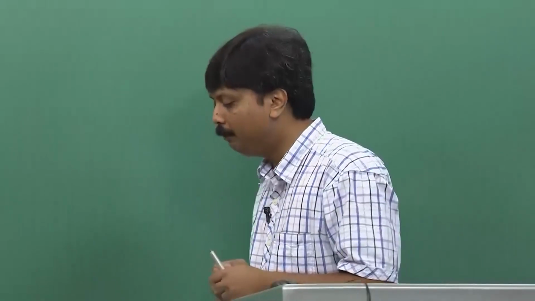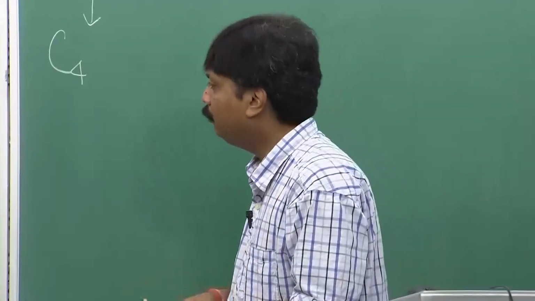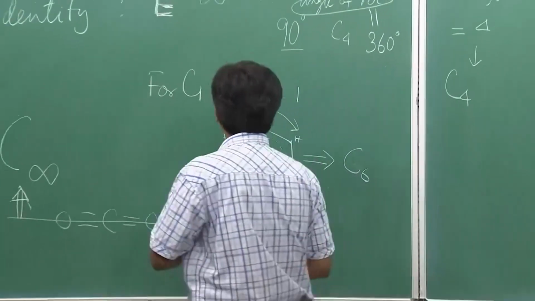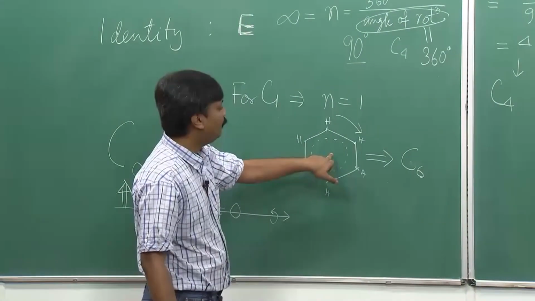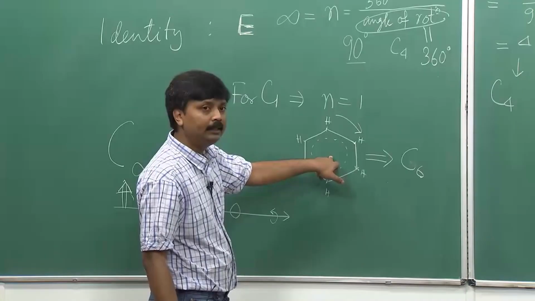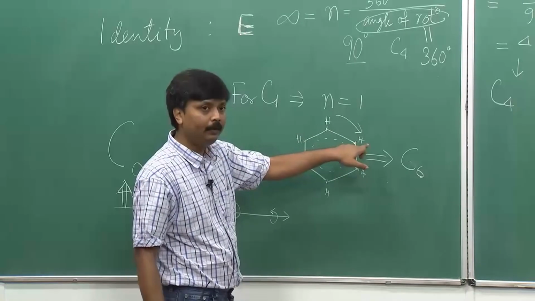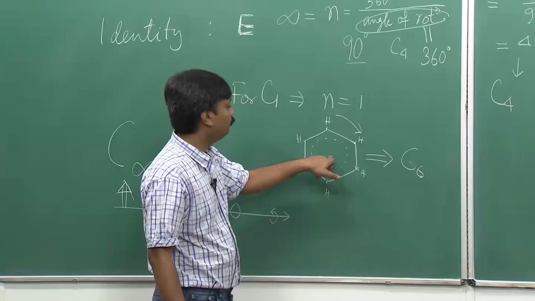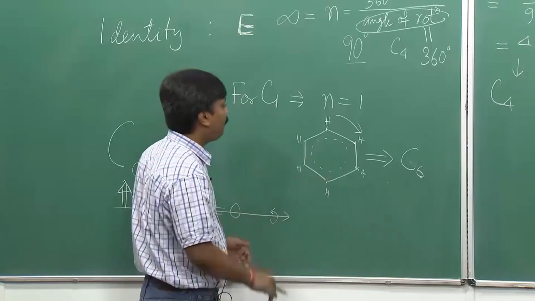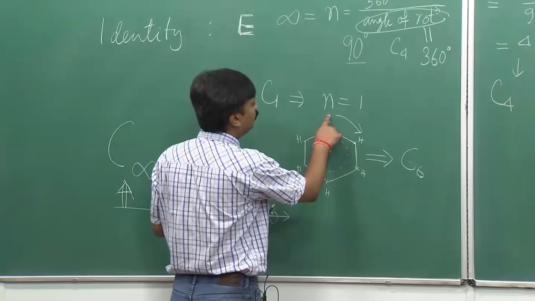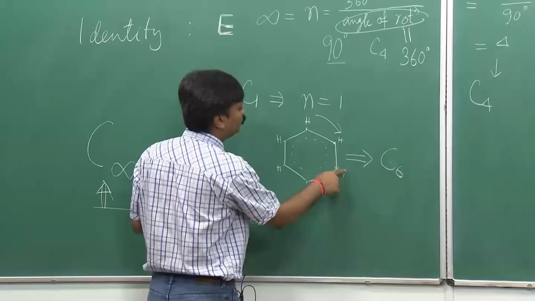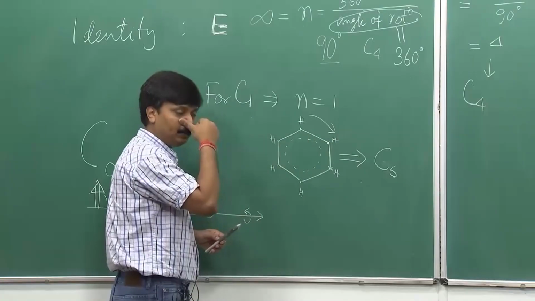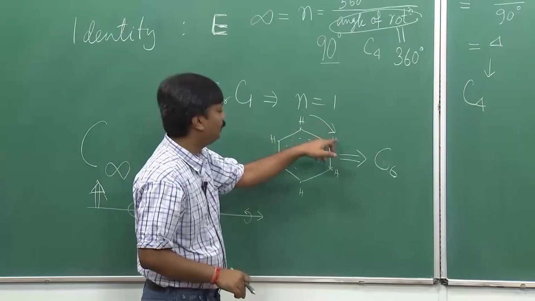Okay. So for example, let's take this particular molecule, benzene here. We have seen that there is an axis about which you can give a 60-degree rotation, and you can have a C6 axis. Now for every C6 turn, this hydrogen goes here, this hydrogen goes here. So you give a 60-degree movement here.